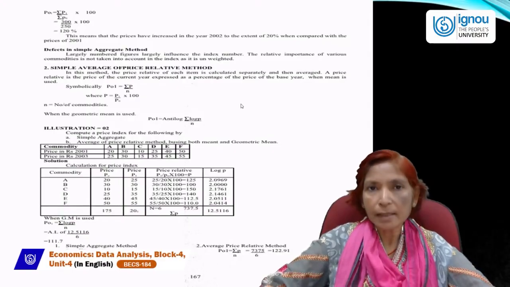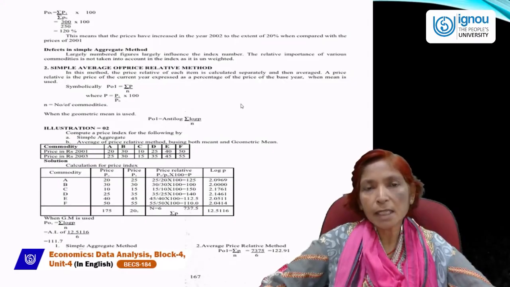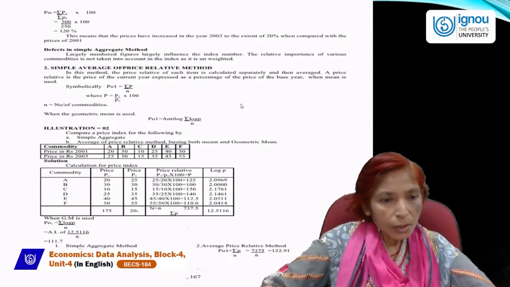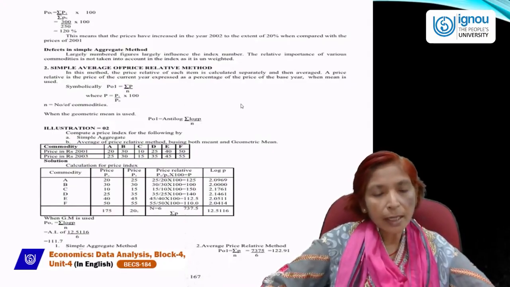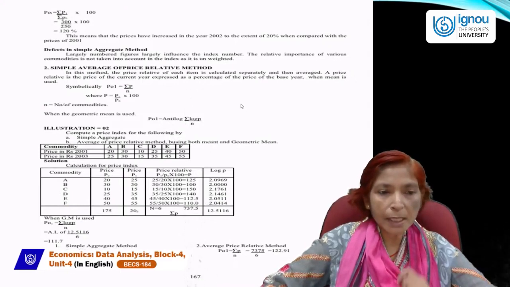Relative means comparison. Comparison means we can compare the base year price and the current year price. So price relative can be estimated by using this formula: P1 upon P0 into 100. Price P1, the current year price, is 25, and the base year price, which is the 2001 price, is 20.